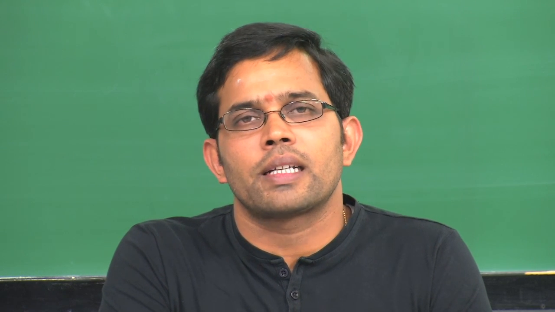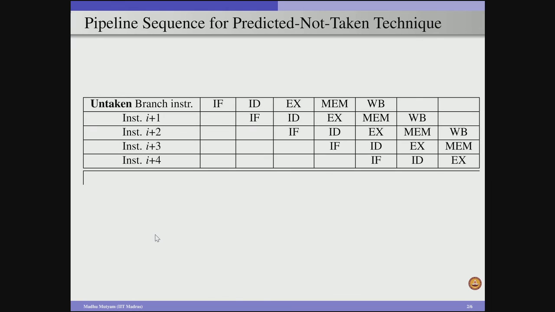Now we will discuss predict not taken with an example. Consider a scenario where we have a not-taken branch instruction which is flowing through the 5-stage pipeline: instruction fetch, instruction decode, execute, memory access and write back.